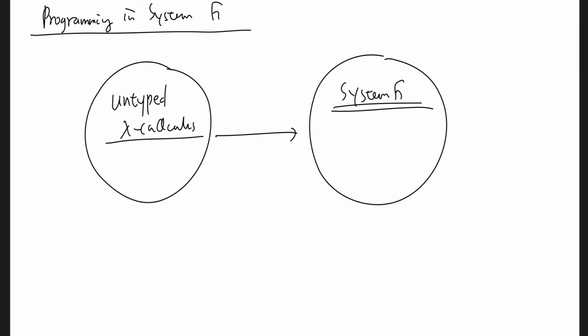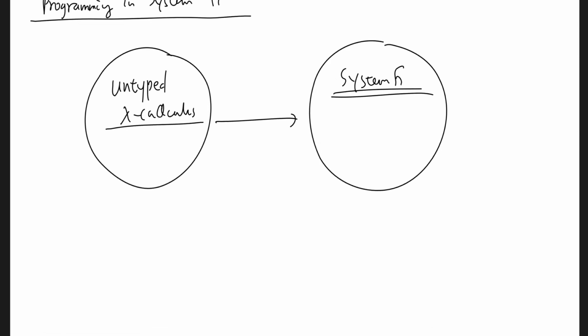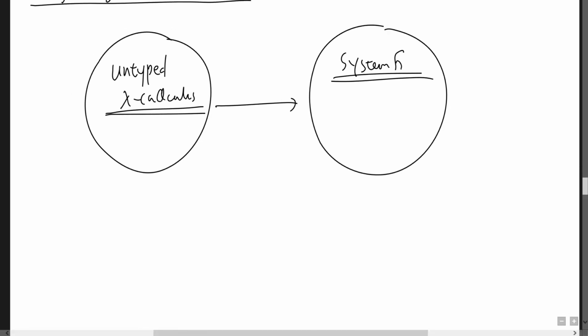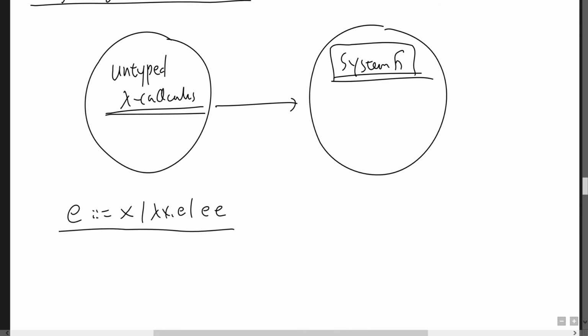So let's review the definition of System F. In the case of untyped lambda calculus, we only have expressions, which are comprised of variable, lambda abstraction, and lambda application. In System F, we extend this untyped lambda calculus with basically polymorphic types.